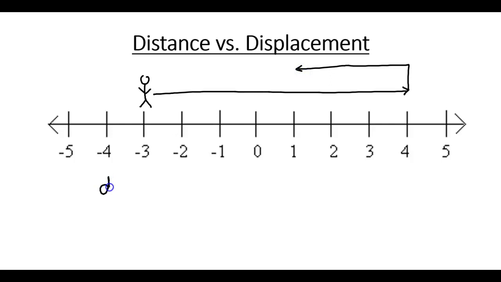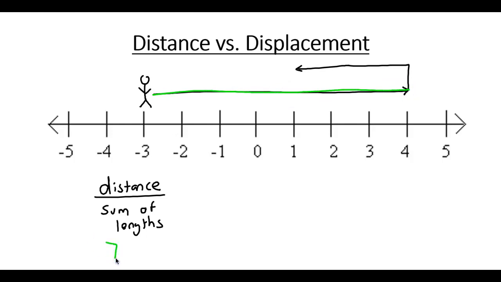Well, what distance did this guy travel? Basically, to find that, we would have to take the sum of all lengths. So his first distance that he traveled, he went from -3 to 4, which is a total of 7.